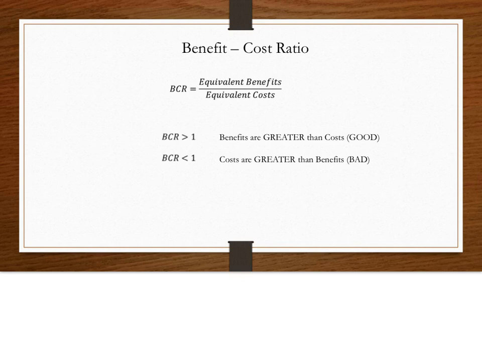If the value is greater than 1, that means the project is profitable. The benefits are greater than the costs. If the benefit-cost ratio is less than 1, then your costs are greater than your benefits, which is generally bad.